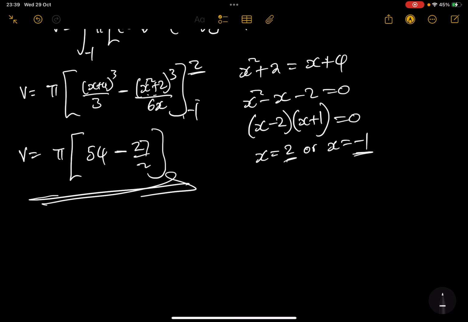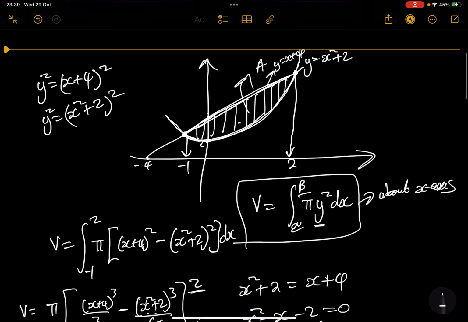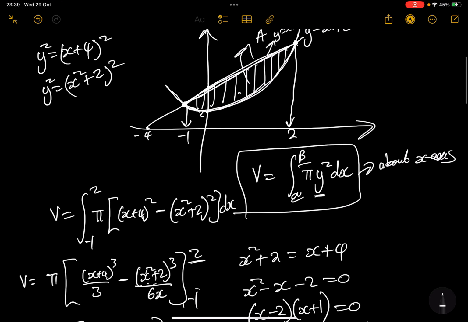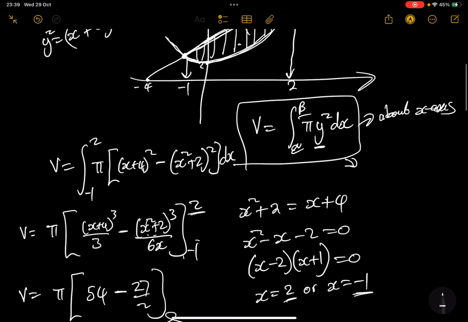So basically, when you're given a region bounded by two graphs, obviously you need to determine the intersection points, so that those are going to be your limits. Once you have determined the intersection points, you determine which graph is the upper one, and then you expand this formula, right?